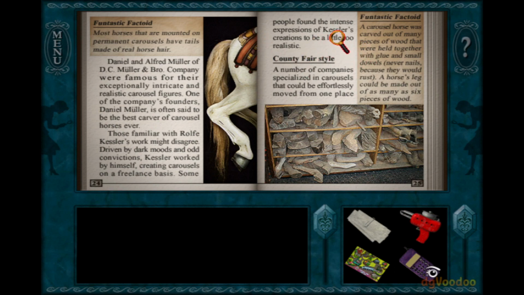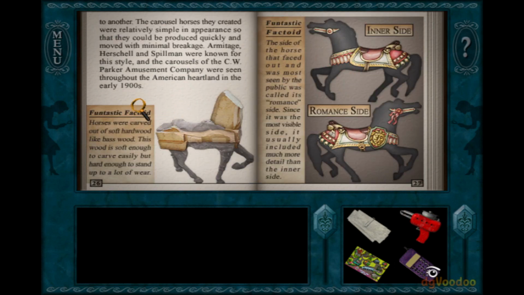A carousel horse was carved out of many pieces of wood that were held together with glue and small dowels, never nails, because they would rust. A horse's leg could be made out of as many as 6 pieces of wood. And then there's the county fair style. A number of companies specialized in carousels that could be effortlessly moved from one place to another.